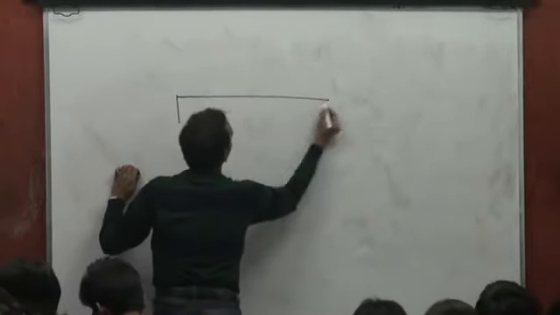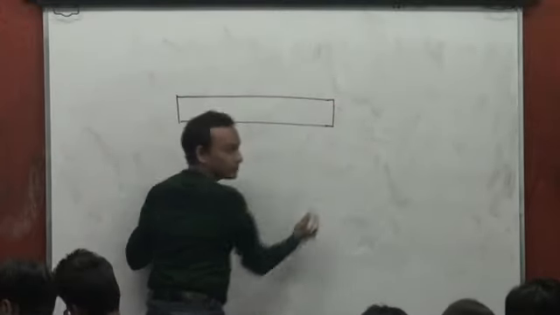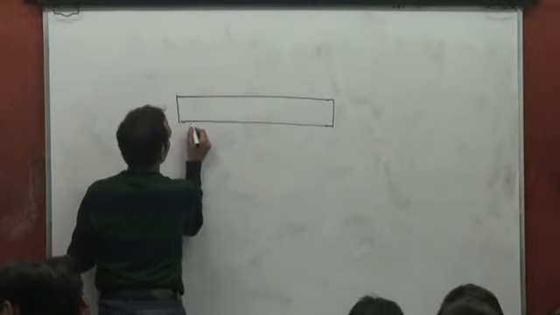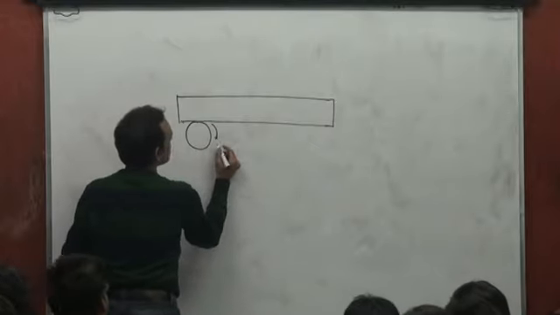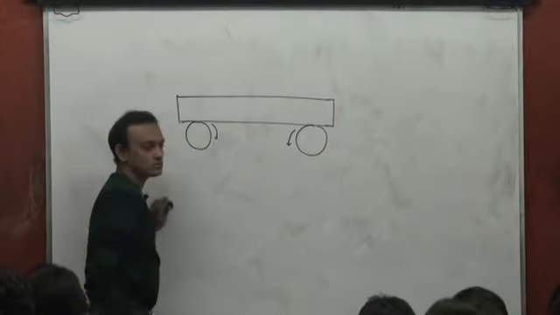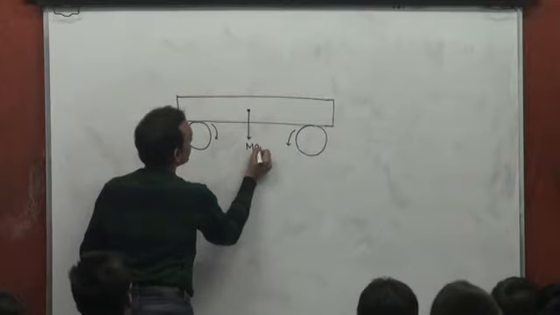Now that I have at least told you what torque is all about, I can address some more issues. There was this platform. This was moving like this. This was another roller moving like this. mg.